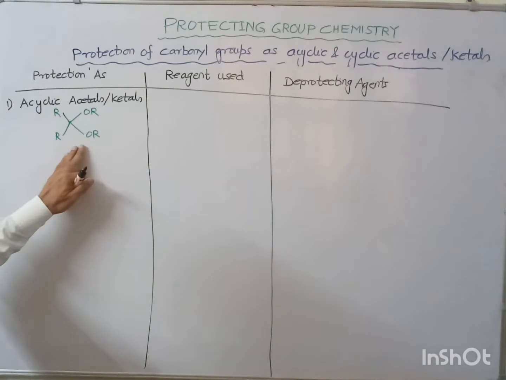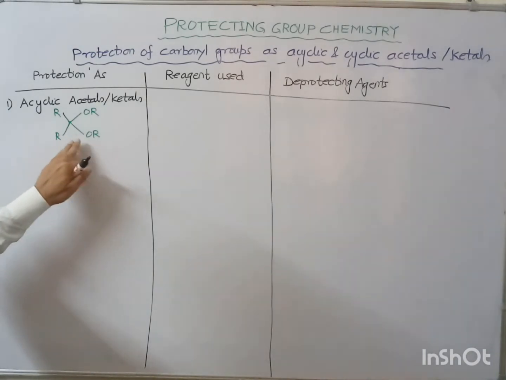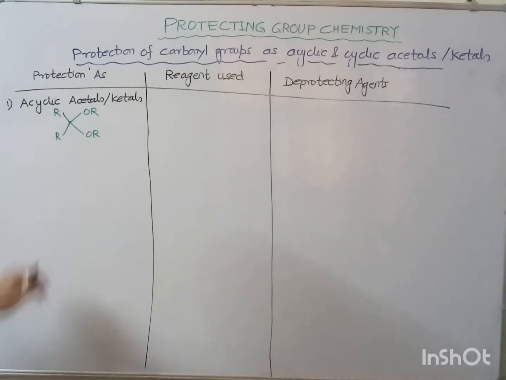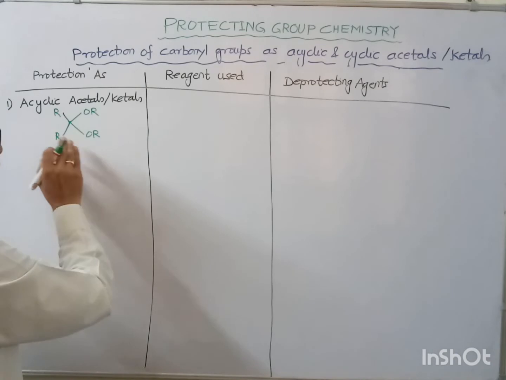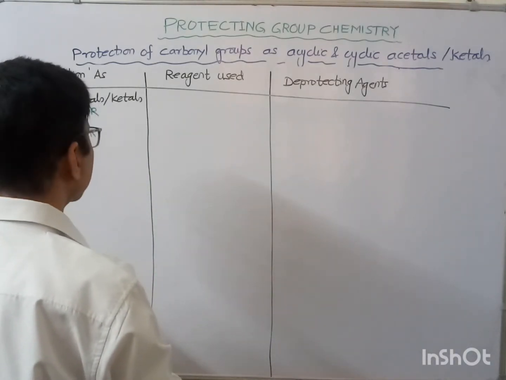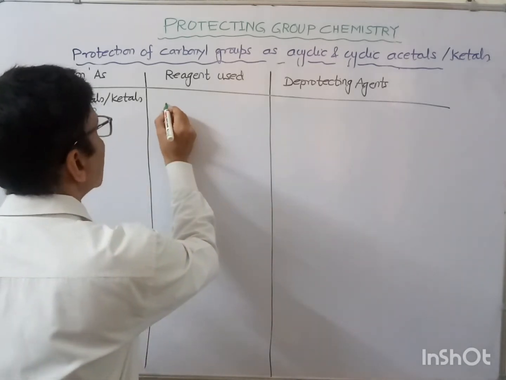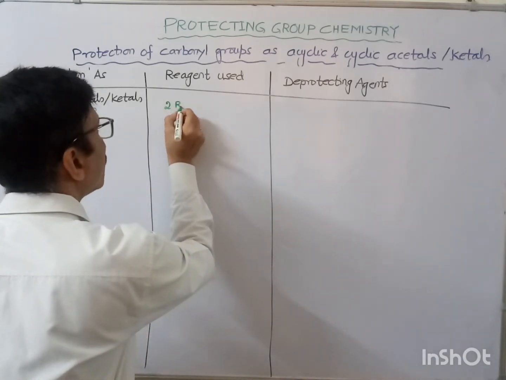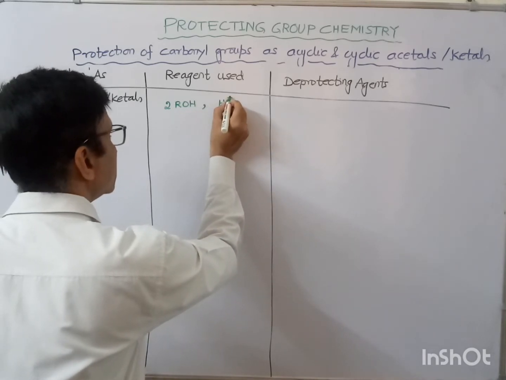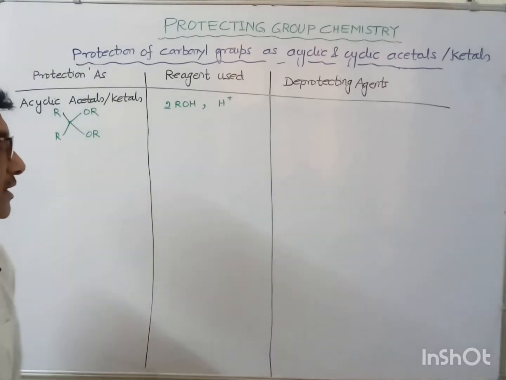This is the ketal, and suppose here R is equal to H, then that would be the acetal. Now how can we get this? We can get it by reacting the carbonyl compound with any alcohol. Suppose we have 2 molecules of this alcohol, in presence of acid as a catalyst.